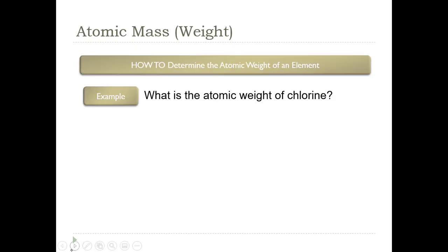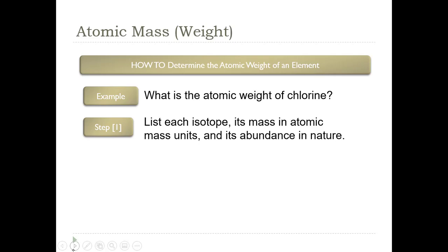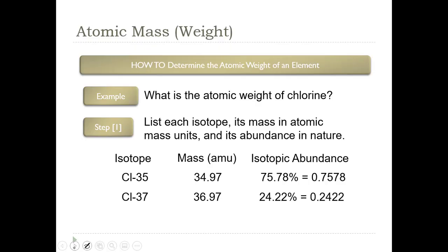So let's look at a specific example. What is the atomic weight of chlorine? Step 1, list each isotope, its mass in atomic mass units, and its abundance in nature. There are two isotopes, chlorine 35 and chlorine 37.